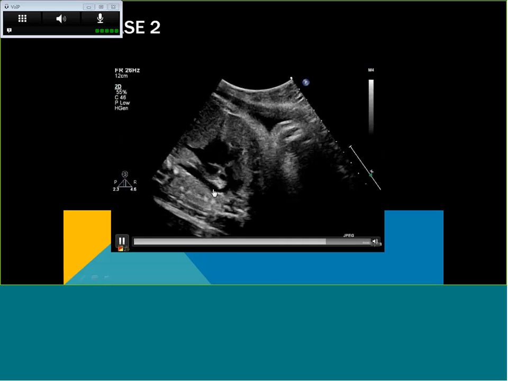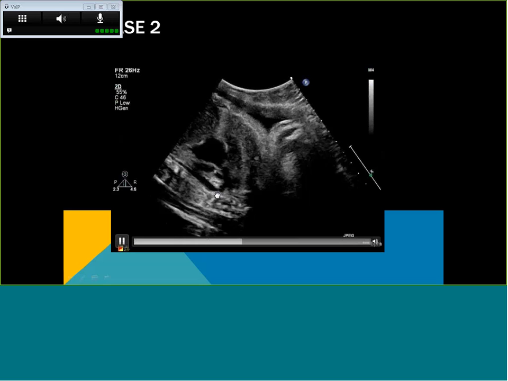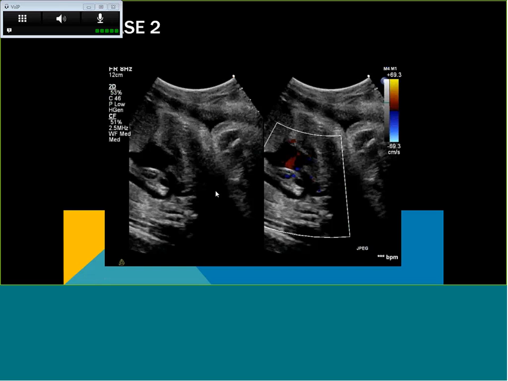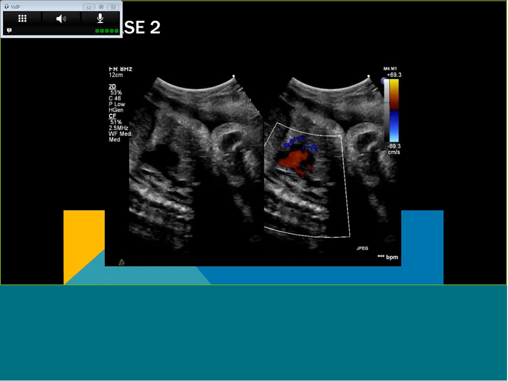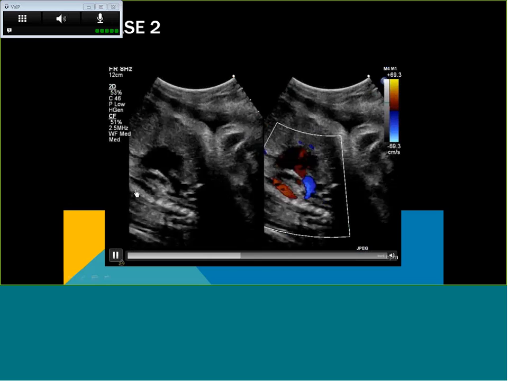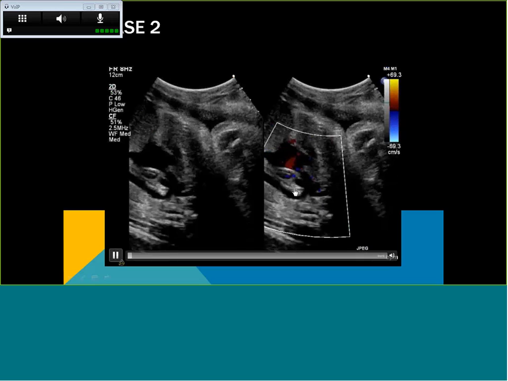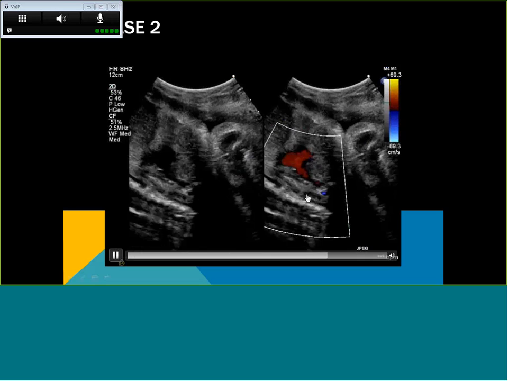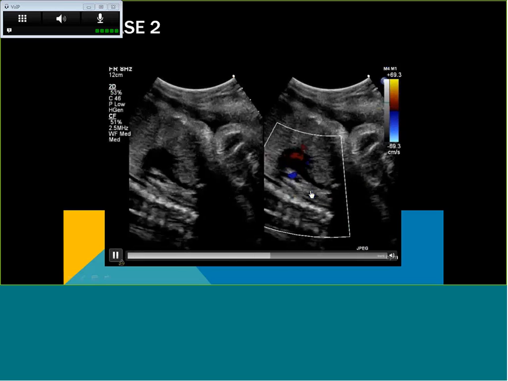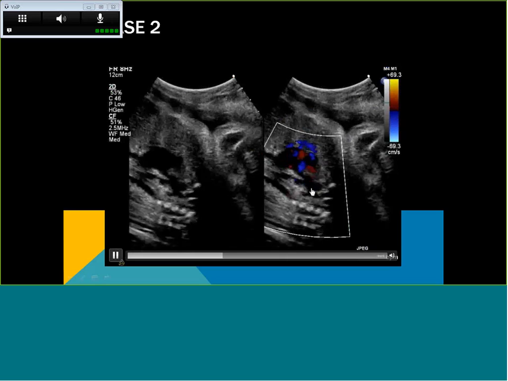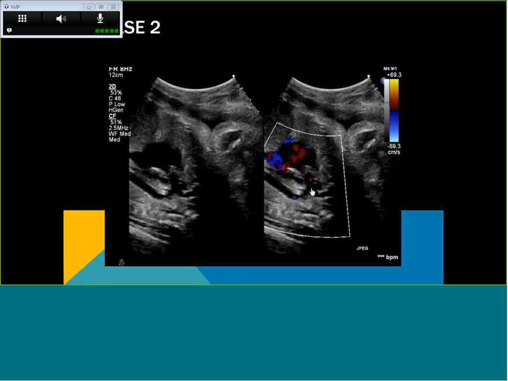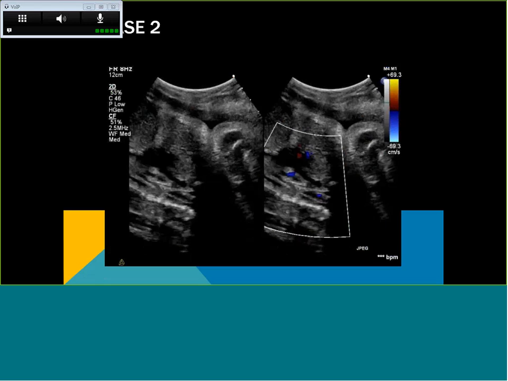That's probably here in this region. And here when we put color Doppler, this is a color compare image, 2D color compare, there's some antegrade flow, but you can actually see that there's some retrograde flow here as well. There's red coming back toward the transducer, which, as I mentioned before, is actually a pretty concerning sign.